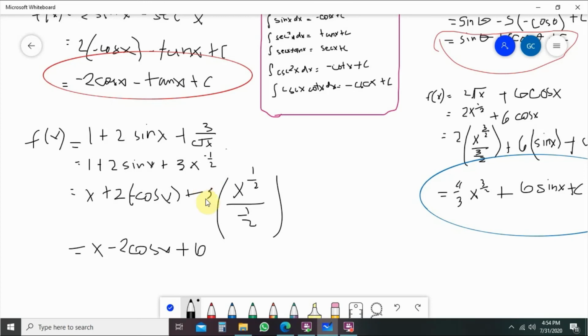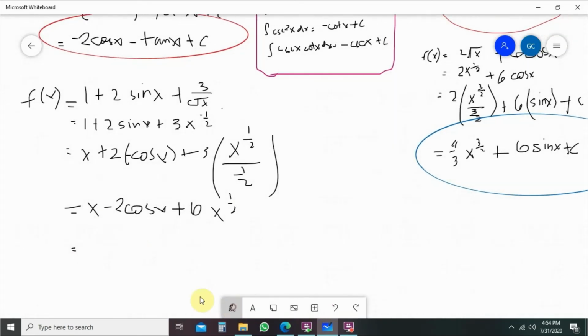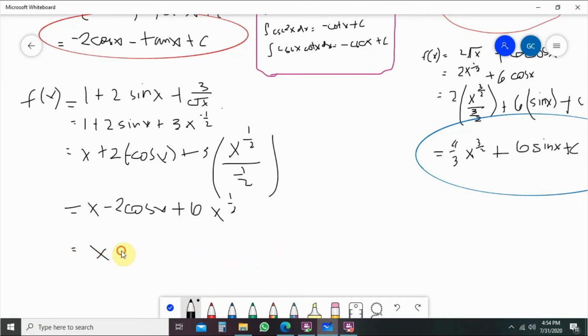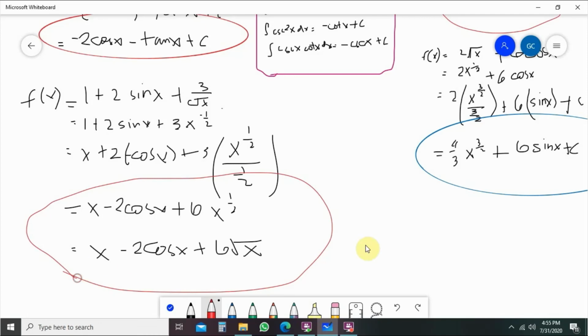Remember, multiply this one to the reciprocal of 1/2. That gives us 6 x raised to 1/2. Or you can rewrite that as x minus 2 cosine x plus 6 square root of x. That's the final answer.